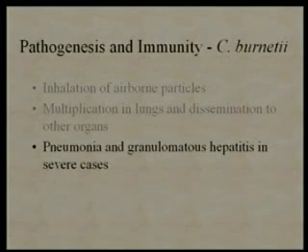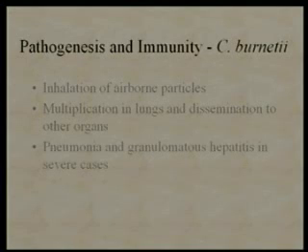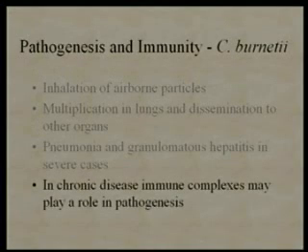So this infection is characterized by a pneumonia with a granulomatous hepatitis. Okay, so histologically, you'll see granulomas in the liver. Now, again, these are in severe cases. Not everybody has these severe complications. This can be a rather mild pneumonia for many people. But if it does develop into a severe case, it'll be a pneumonia with granulomatous hepatitis.